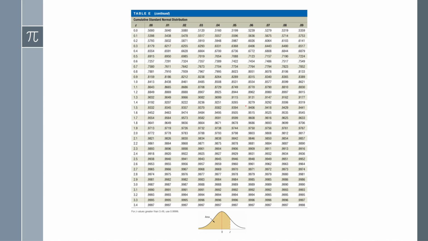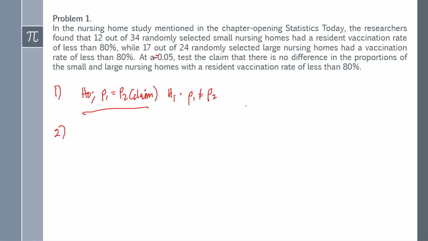Since this is a two-tailed test, we have to divide the alpha: 1 minus the alpha divided by 2. So we have 1 minus 0.05 divided by 2.